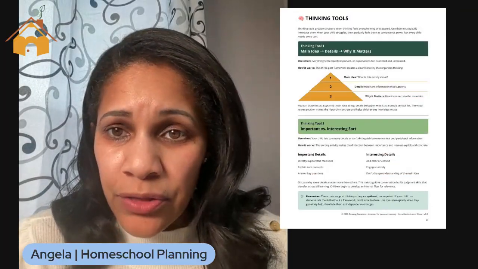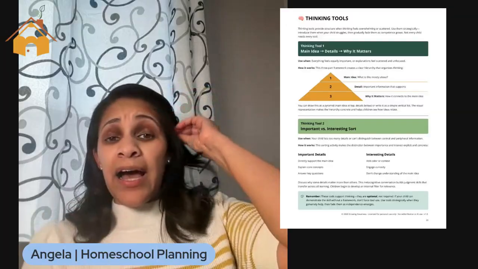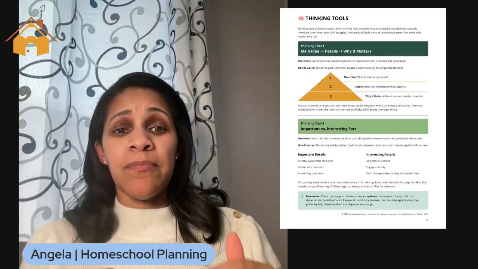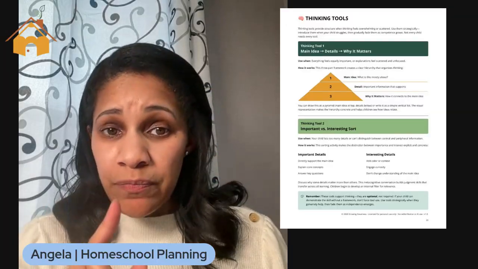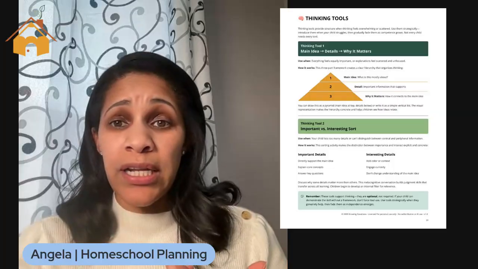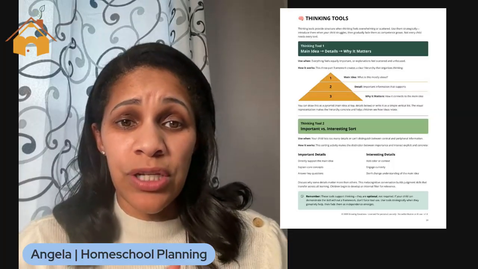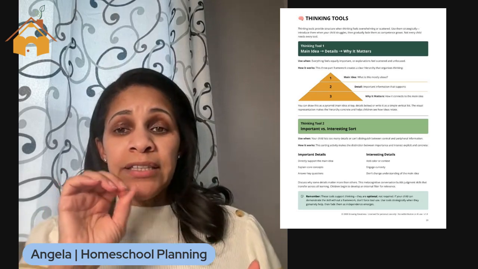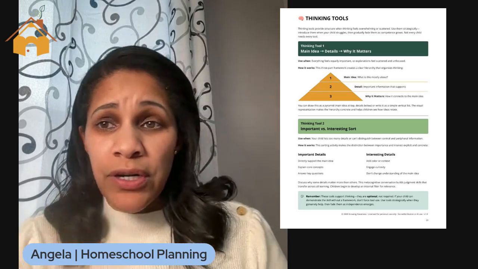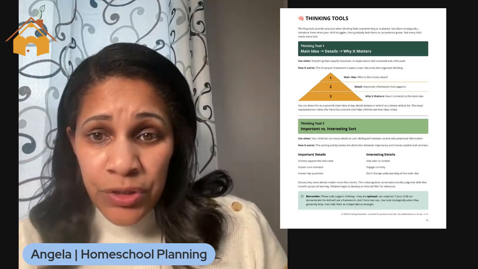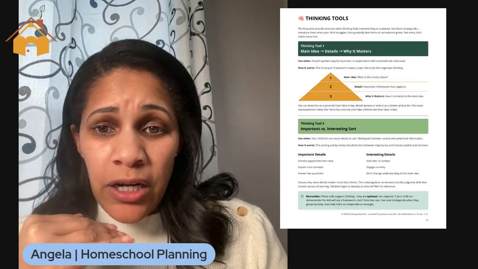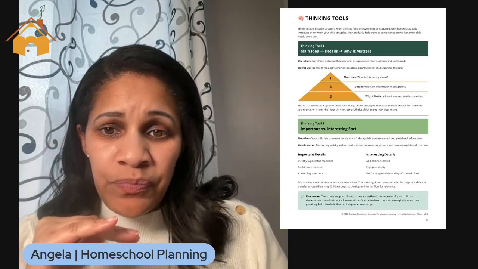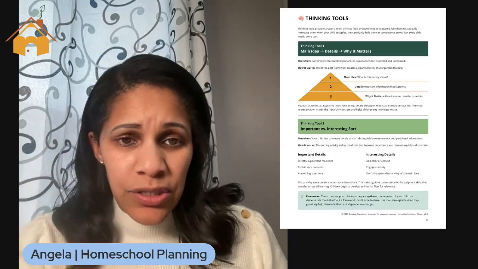Now on day 3, I am going to implement some thinking tools if needed. So I have 2 tools you can use. One, to identify the main idea, the details, and why it matters. And then another one, how do you identify important details versus interesting details? So important details directly support the main idea, they explain the concepts, and they answer the questions.